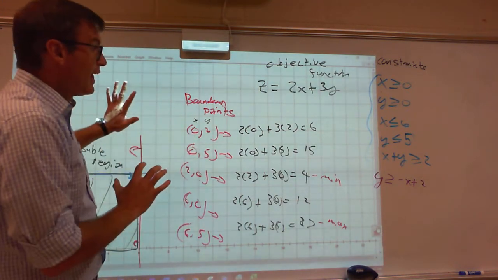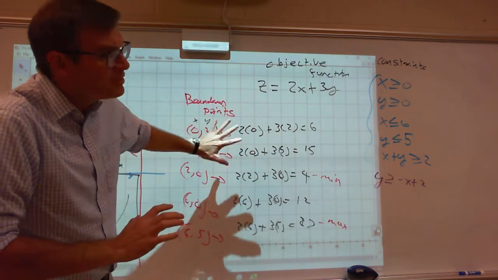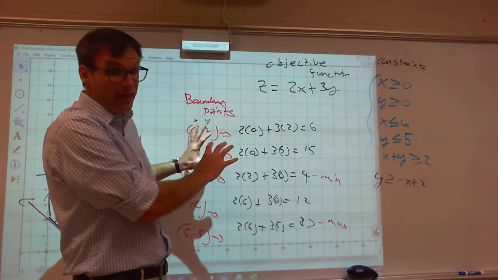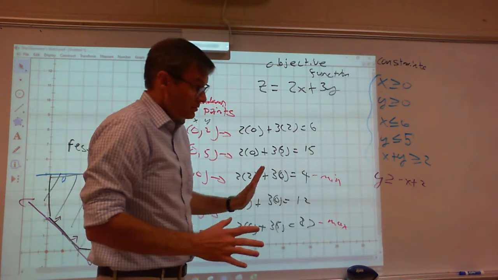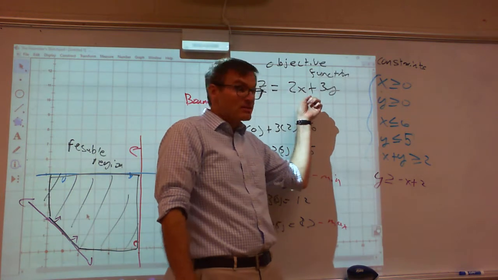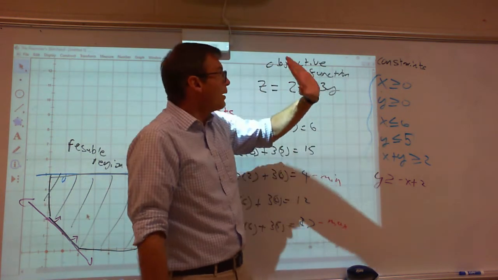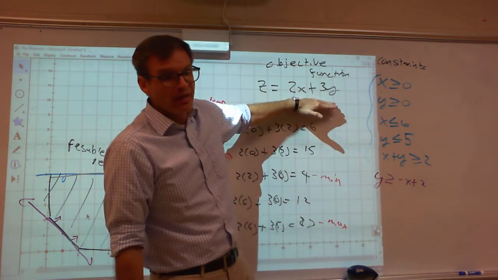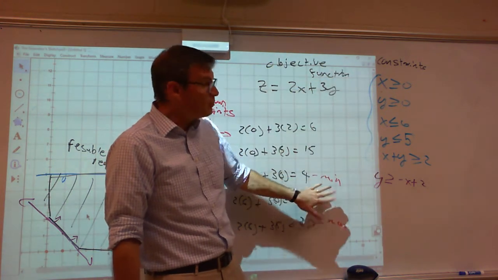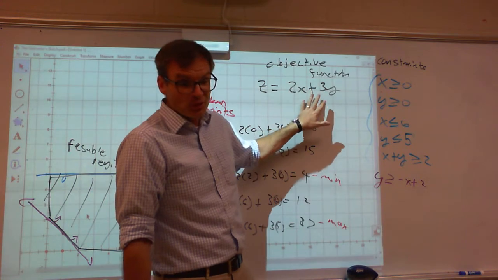All right. And this is where I'm focusing. This is where my goal is today. I'm going to give you the constraints. I'm going to give you the objective function. And your goal is, how do you find the minimum and maximum values of a given situation?